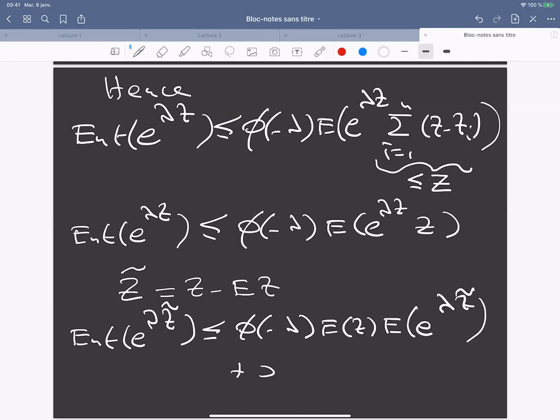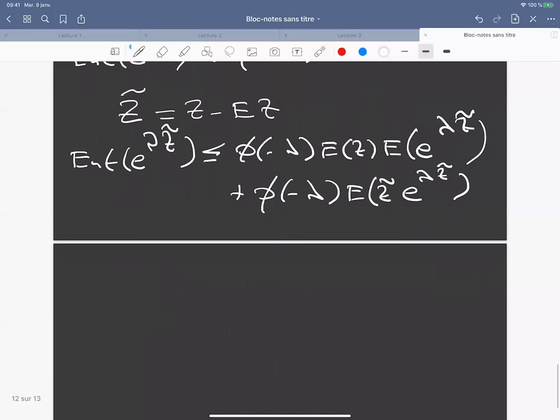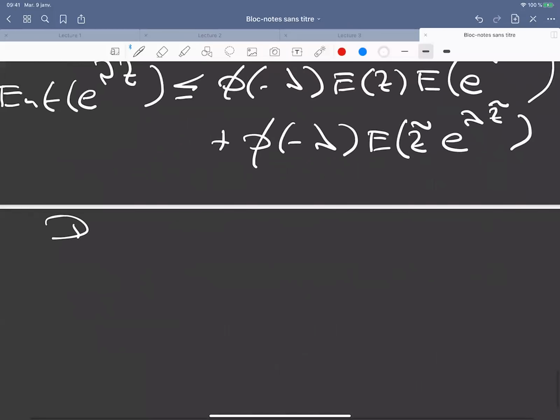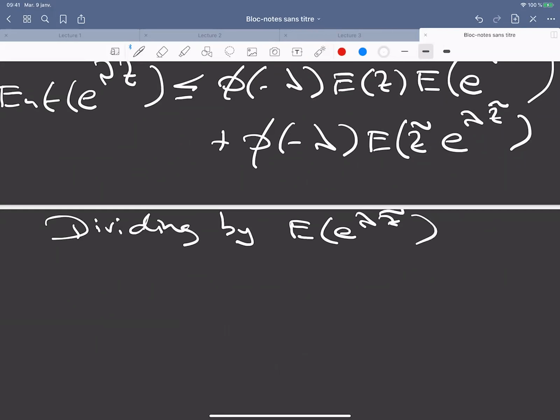And the other term is what you can expect, that is phi of minus lambda times the expectation of Z tilde exponential of lambda Z tilde. Then we divide by the expectation of lambda Z tilde.